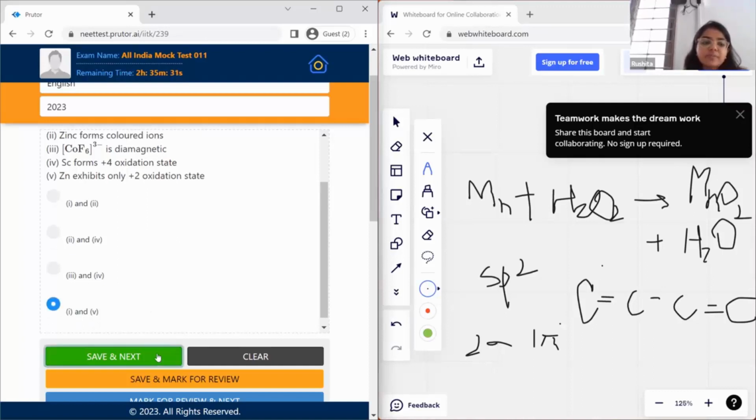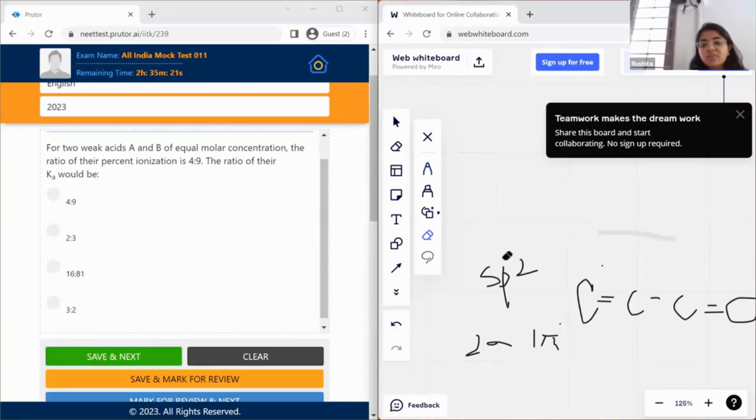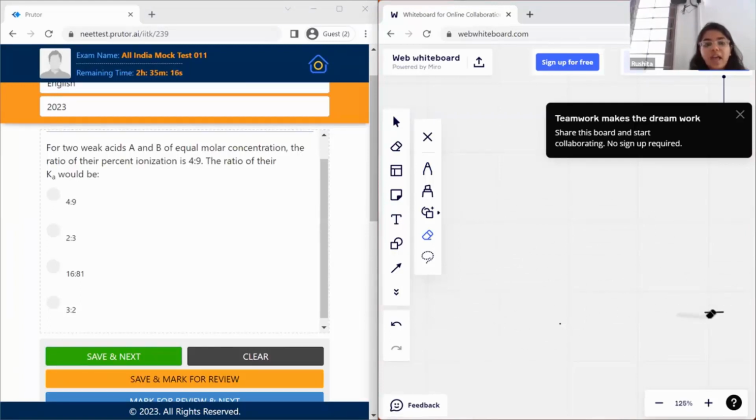That's option 4. Okay, so the ratio of the ionization is given, and we need to find the ratio of the equilibrium constants of both the acids. So there is a rule that the ratio of ionization, it's more like a formula than a rule. The ratio of ionization of two acids, their equilibrium constant would be the root of it.